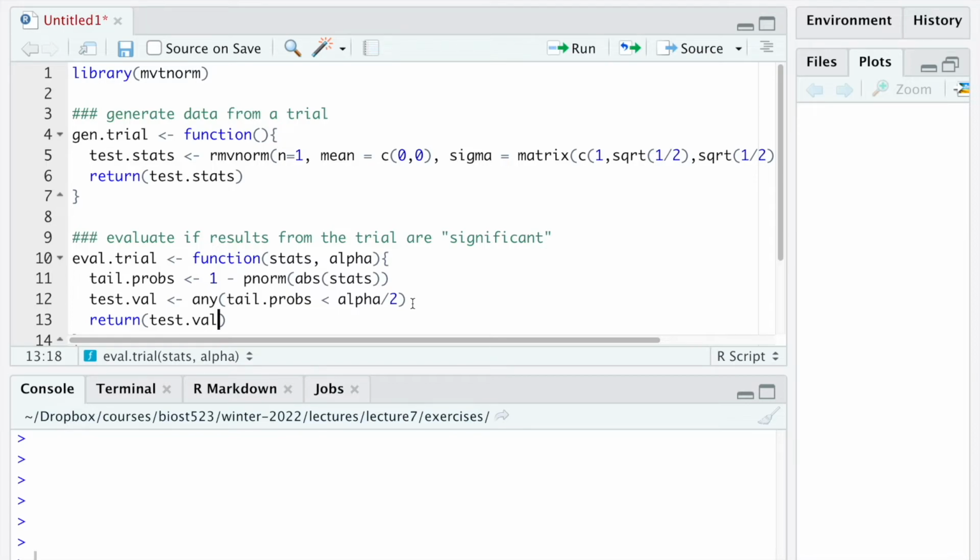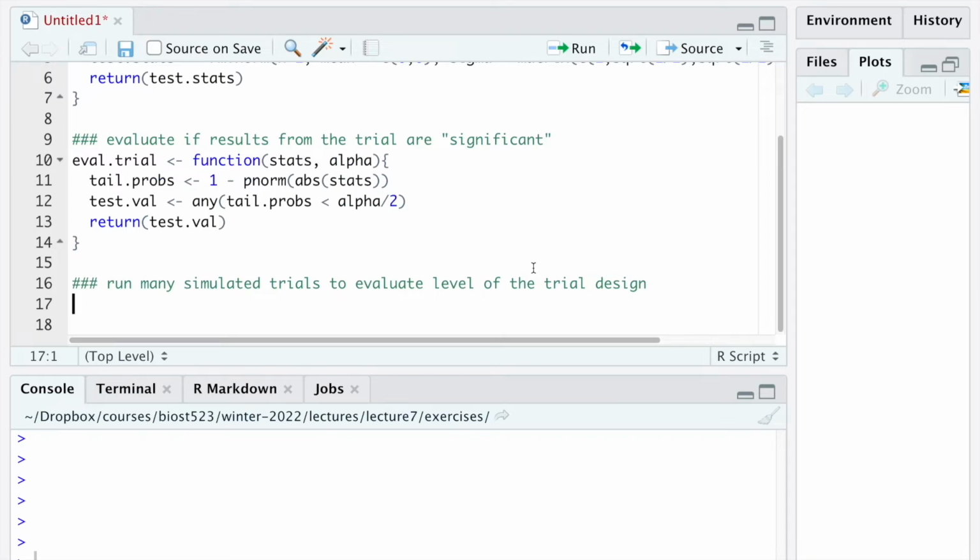So again, this is a function that takes in this pair of statistics, the z-scores or t-scores that we get from the first interim analysis and from that final analysis, and then evaluates if either of them is significant when comparing to a two-sided test with significance threshold alpha.